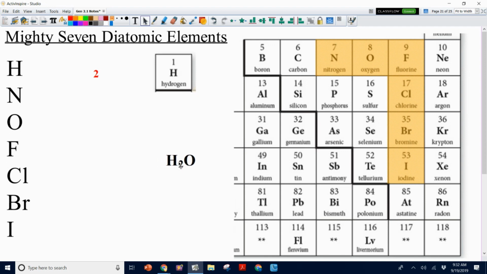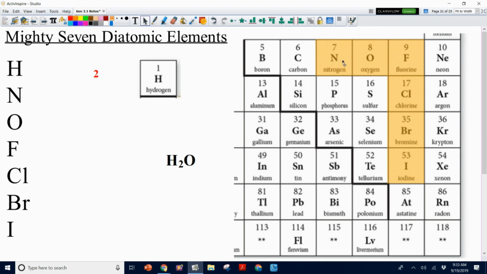So this little subscript number tells you how many atoms of the one that it follows that are in the formula. So diatomic means it has 2 atoms that make up this element. So the 7 diatomic elements are hydrogen plus these 6 here, and it makes a 7 on the periodic table.